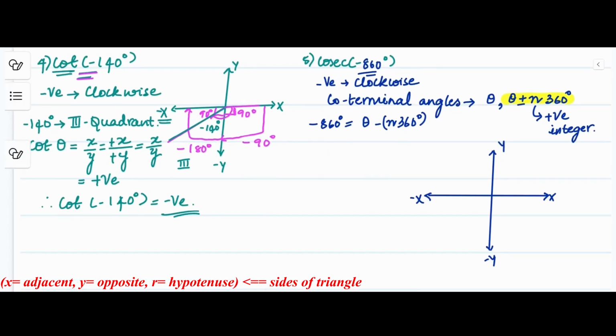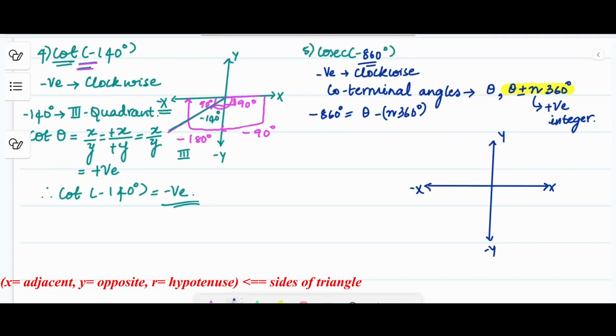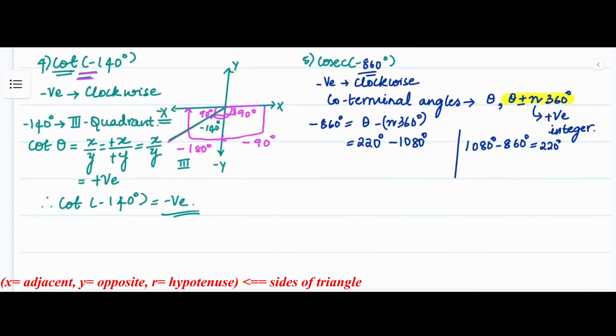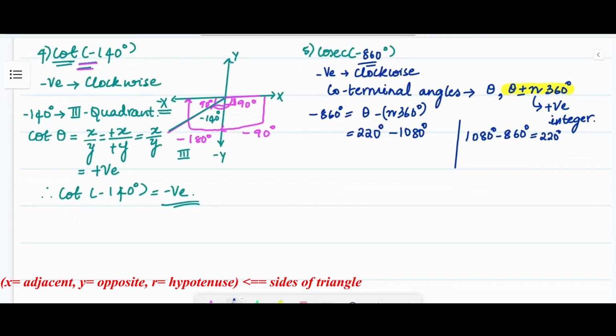The nearest and highest multiple of 360 degrees, which is nearer to 860 degrees, will be minus 1080 degrees. In order to find the value of theta, we can subtract 860 degrees from 1080 degrees. So 1080 degrees minus 860 degrees will be 220 degrees. 220 degrees minus 1080 degrees will give us minus 860 degrees.